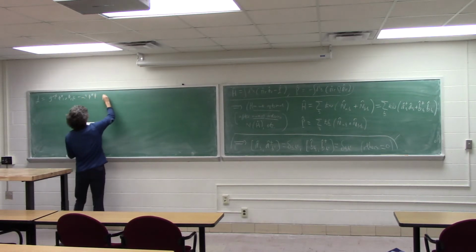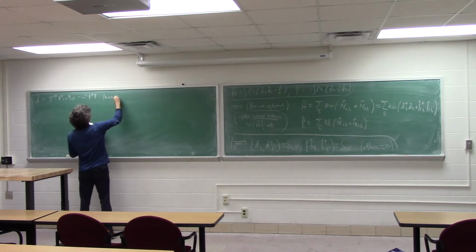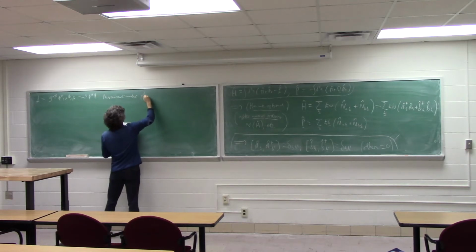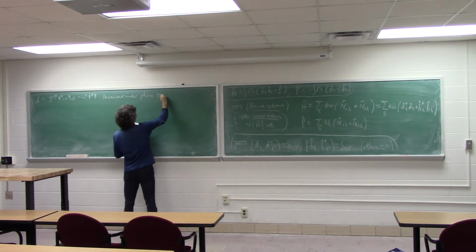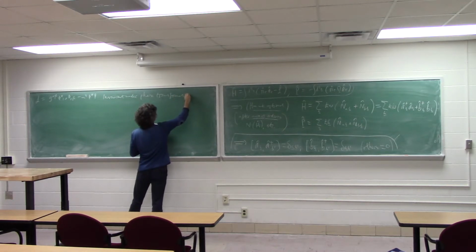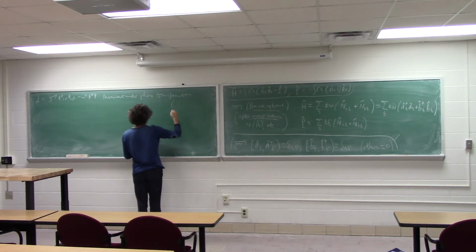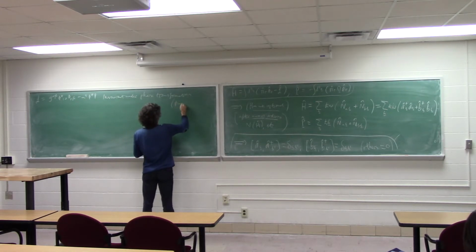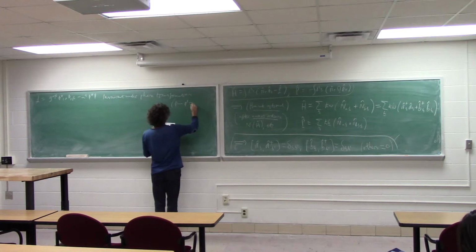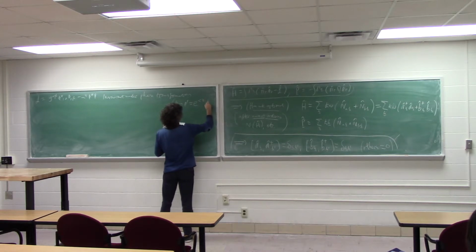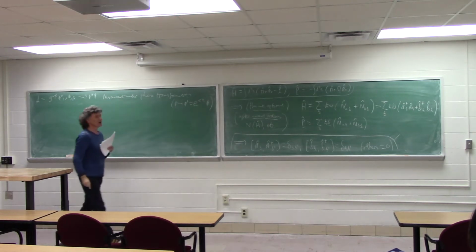The classical Lagrangian density is invariant under phase transformations, by which we mean phi goes into phi prime, which is e to the i epsilon phi, for small epsilon.